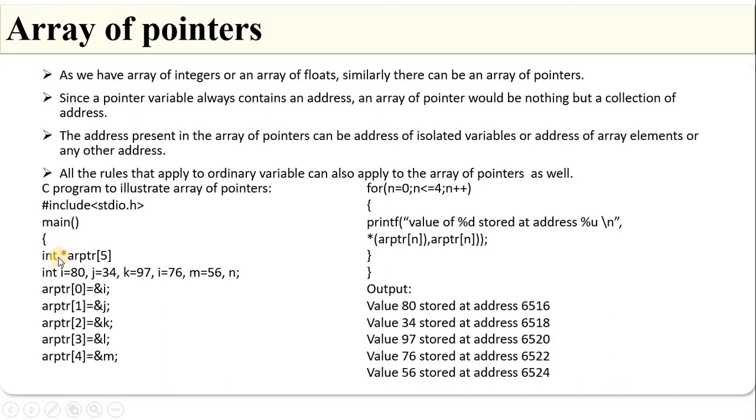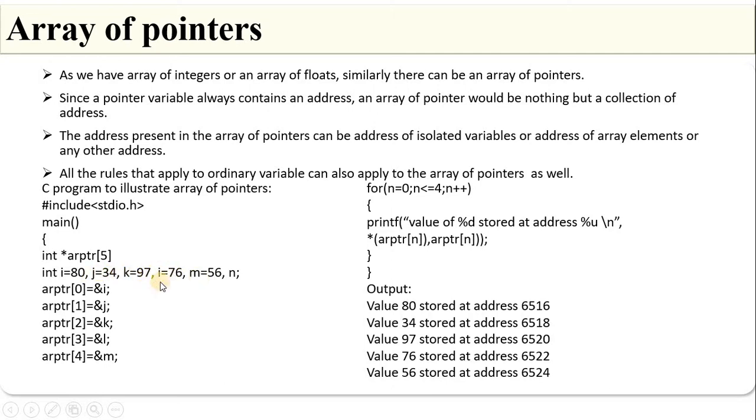Here, you're declaring an array of pointers like this: int *arptr[5]. It means that this is an array of pointers, and it has 5 pointers from 0 to 4. And here I am declaring normal variables i, j, k, l and m.